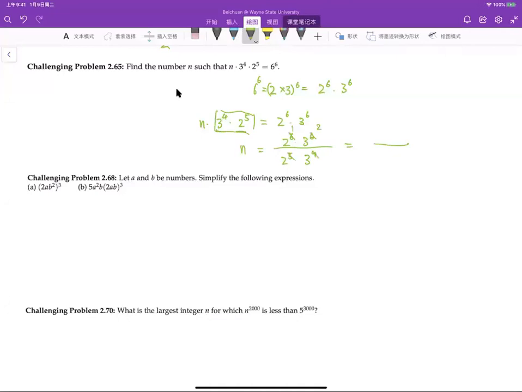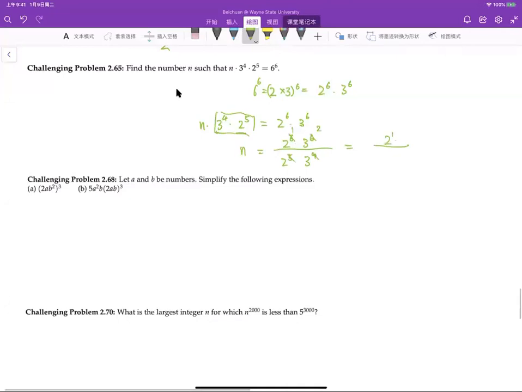So that will be 2 to the 1st times 3 squared over 1, so the answer will be 18. This is how we calculate n. The crucial step is to rewrite the number 6 as a power of 3 and 2, because 3 and 2 are on the left-hand side. That's why we do it.